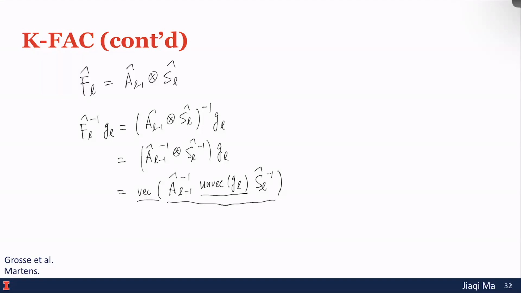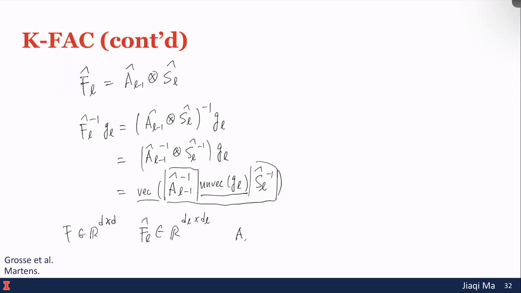So in this case, we will just directly do matrix inversion for these two. And the point is, the original F matrix has dimension D times D, and F hat has dimension DL times DL.